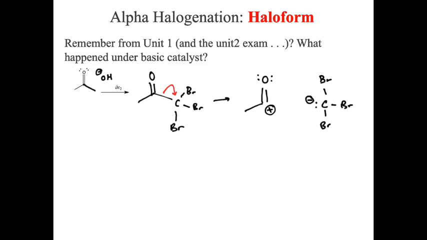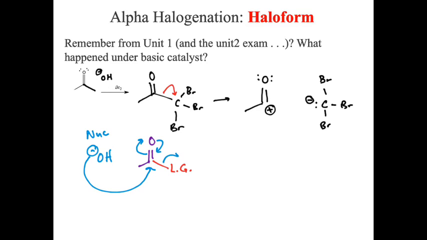If we show this in a slightly different fashion, we have a carbonyl and we have a leaving group, and we have a nucleophile in the case of hydroxide. If our hydroxide comes in, we no longer have that carbocation.